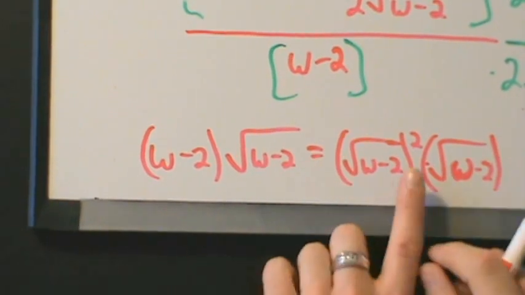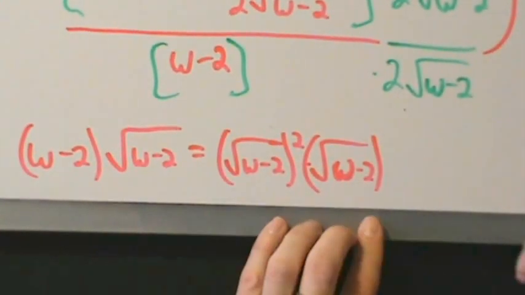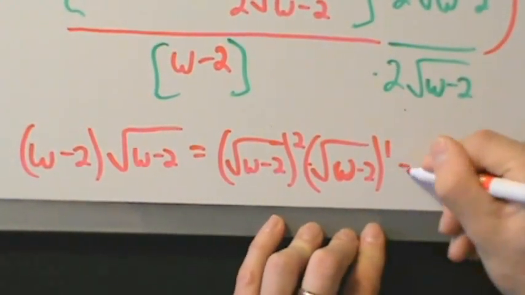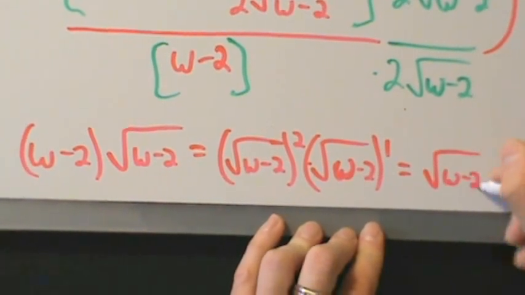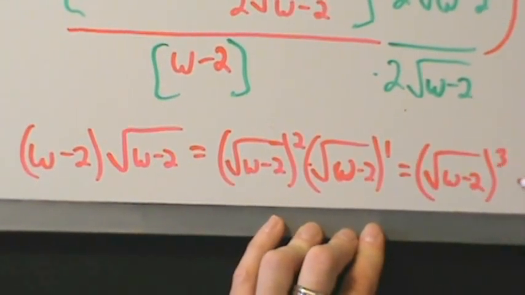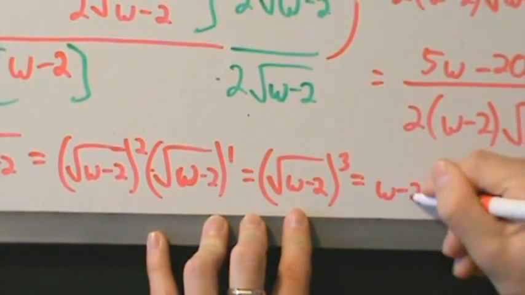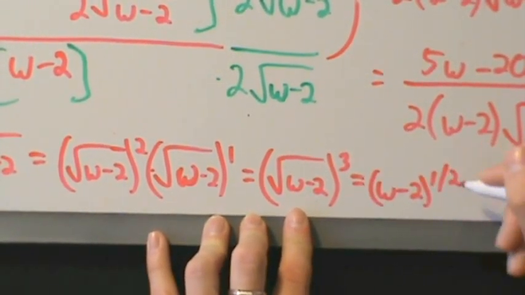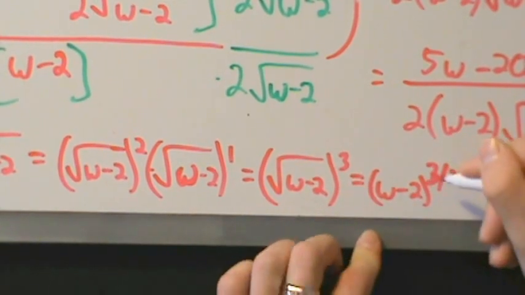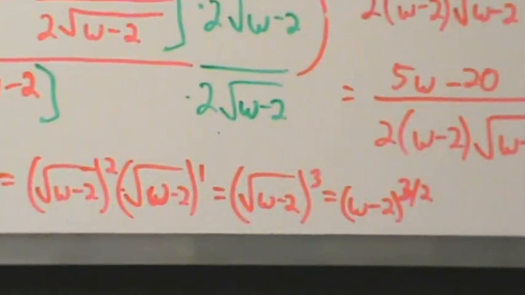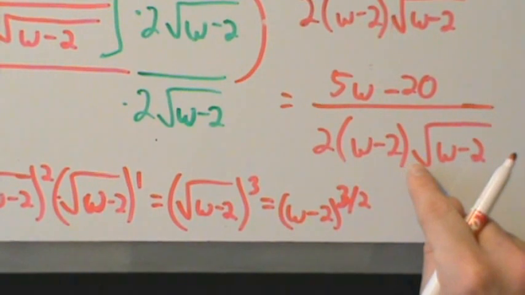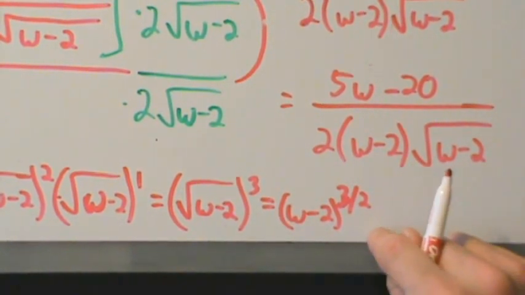We have root w minus 2 squared times root w minus 2 to the first. So that's root w minus 2 cubed. And remember, square root is to the 1/2 power. So this is w minus 2 to the 1/2, and then we're cubing it, so it's really to the 3/2. So in other words, w minus 2 times root w minus 2 is just w minus 2 to the 3/2.